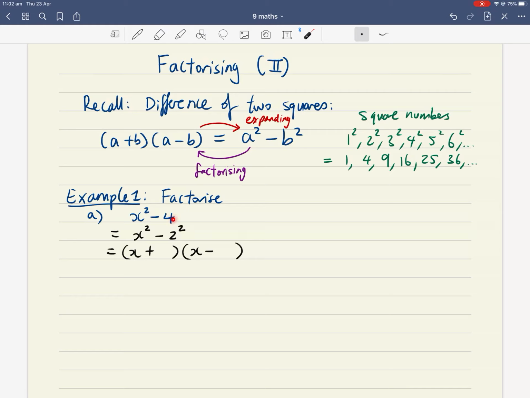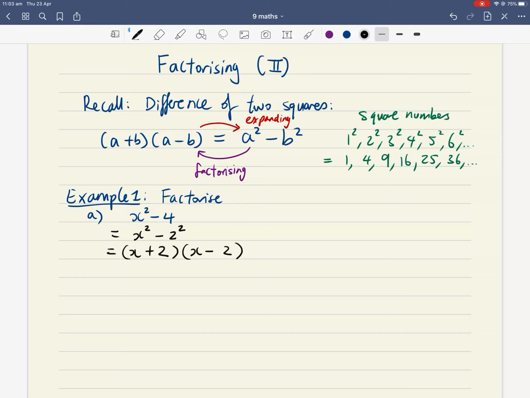So for us, it's not 4, but 2, because it's 2 squared, and that's b squared. So we put 2 instead. So our answer, x squared minus 4, can be factorized into two factors, brackets x plus 2 and brackets x minus 2.